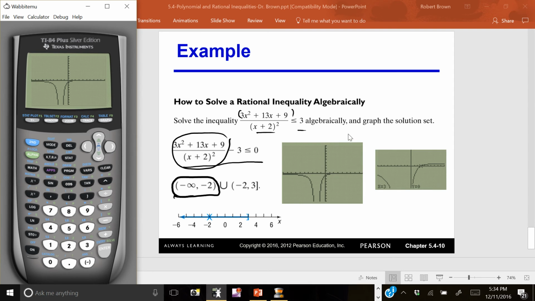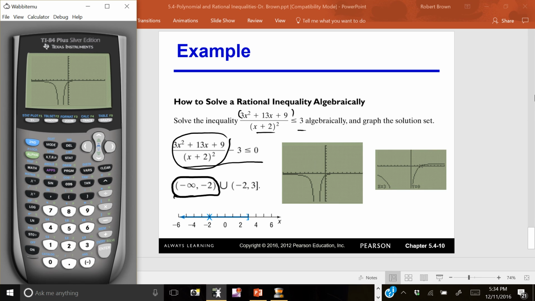And to see that, we have zoomed in here on the right and notice that a 0 for the function is at x equal 3. So all the way from minus 2 to 3, including 3, because at 3 it is exactly equal to 0, and that satisfies being less than or equal to 0.